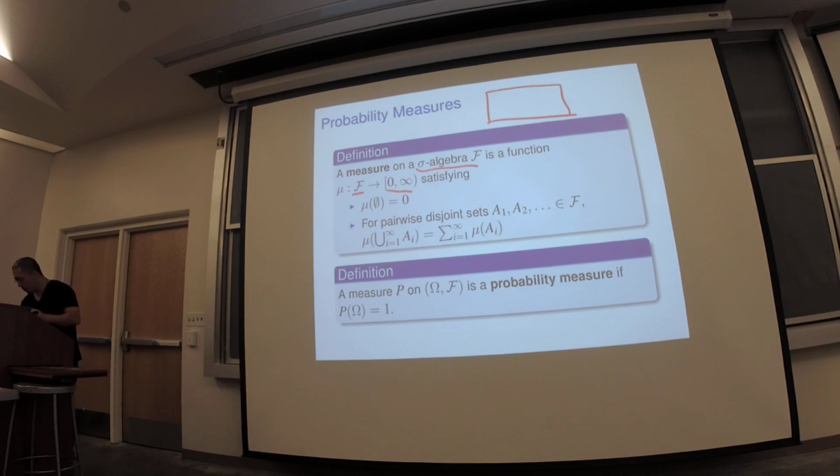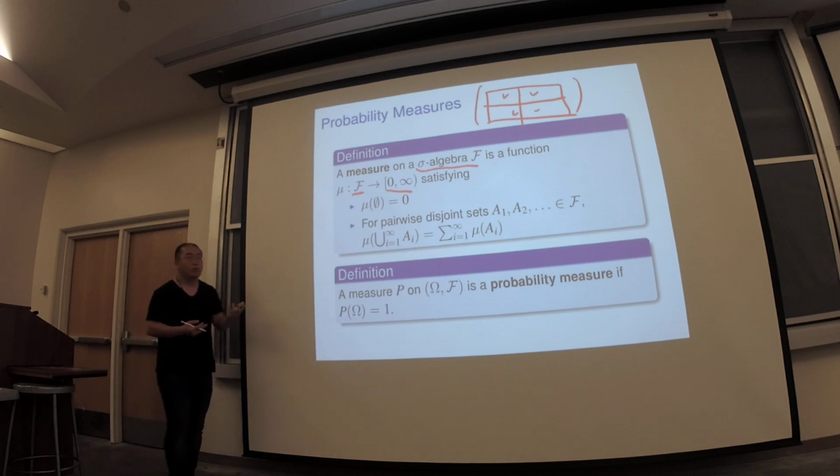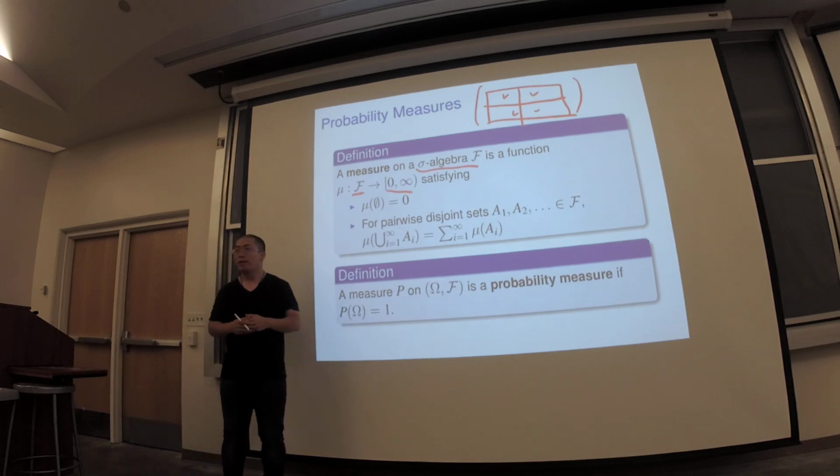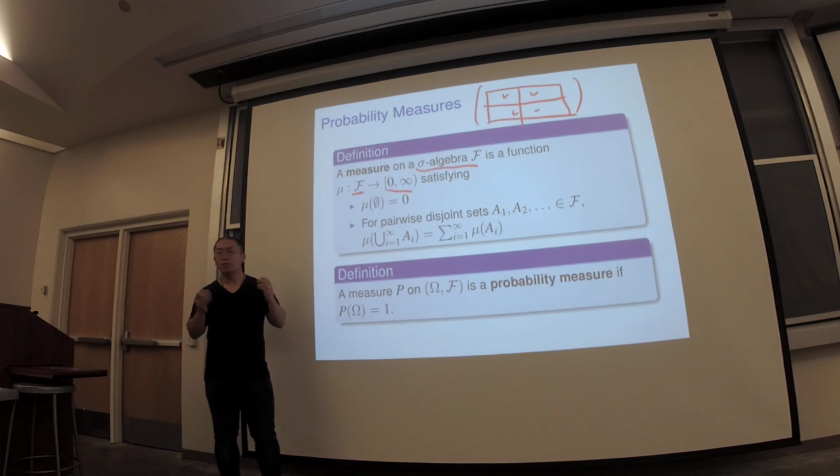And if you partition this rectangle into several sub-rectangles, you need to ensure that the area of the whole rectangle is equal to the summation of the areas of each individual sub-rectangle, right? So the measure is essentially a generalization of naive concepts like areas and volumes and such kinds of things.